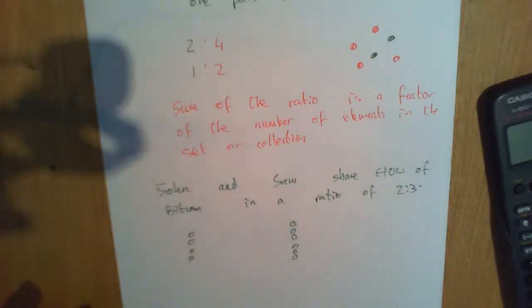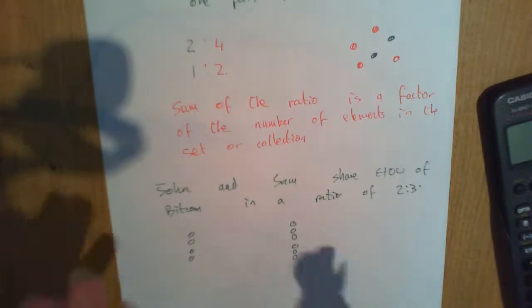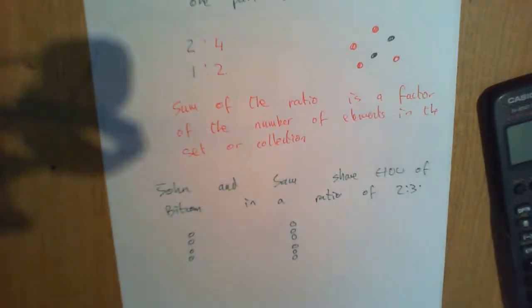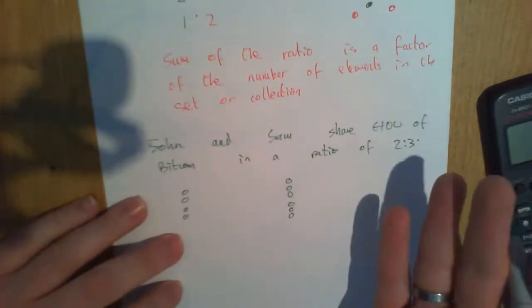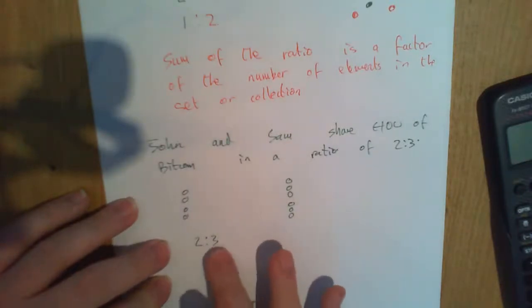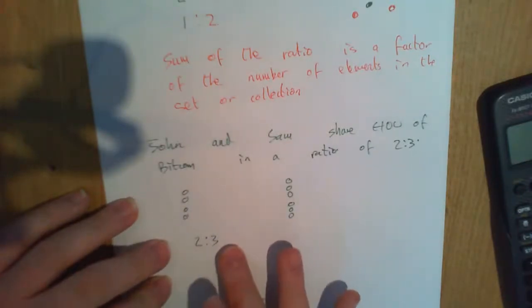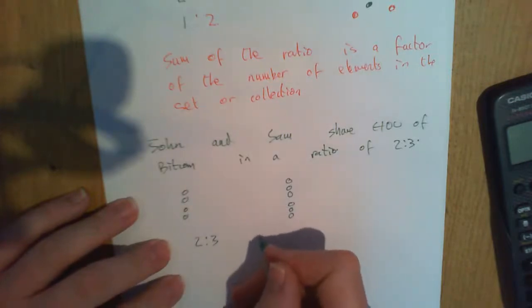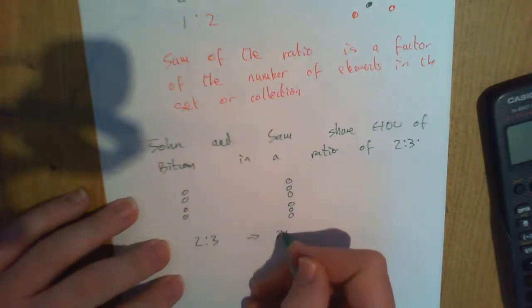Now that could take a long time, so there must be an easier way of doing that. And of course there is. You look at the ratio. First of all, you check it's in its lowest whole number form. You add the numbers. Then you put each ratio over that number.